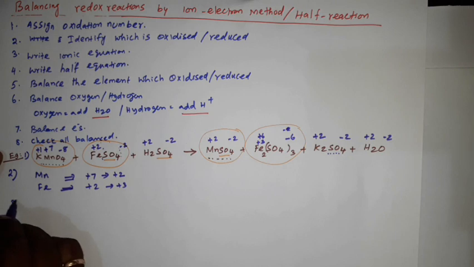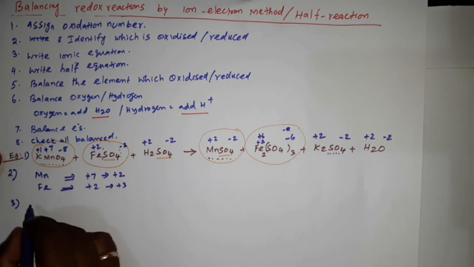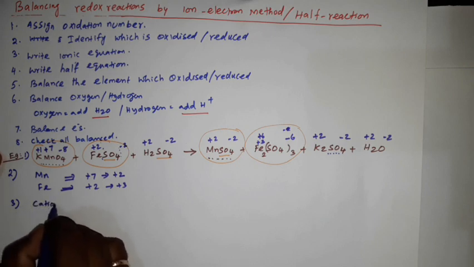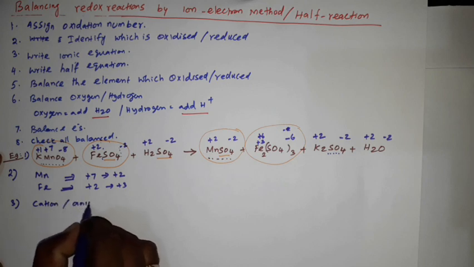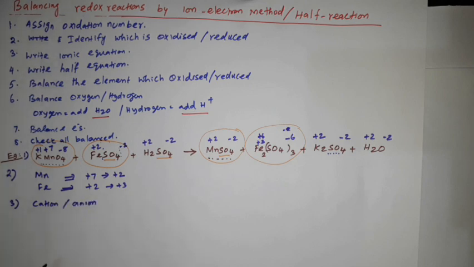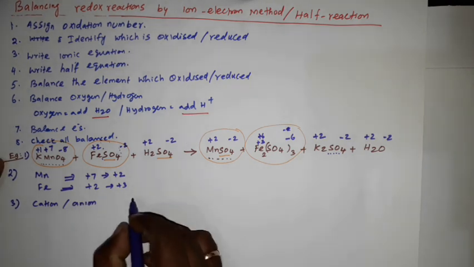Now step 3, here you should understand the ionic equation. Ionic equation means you have to select the cation and anion. I think in the lower classes you have studied about anion and cation. So what is cation?